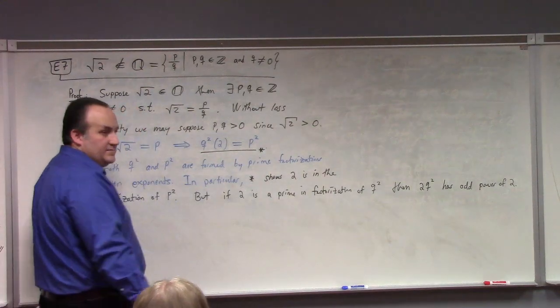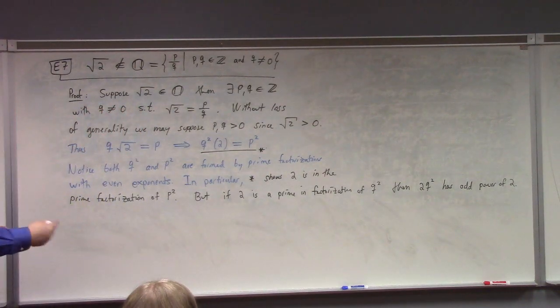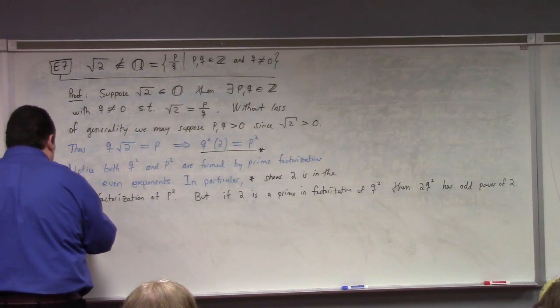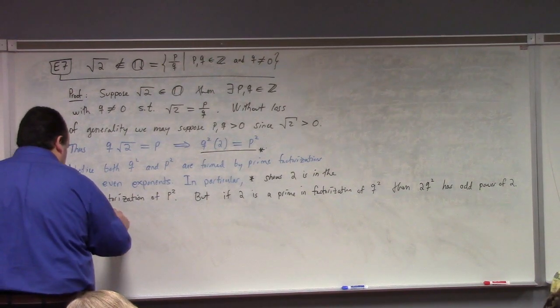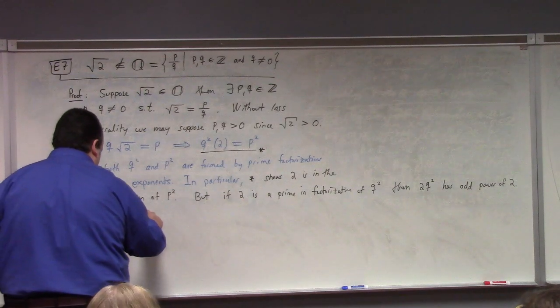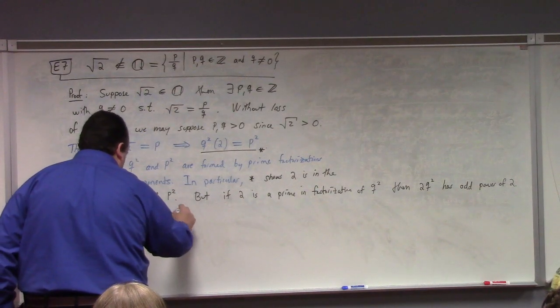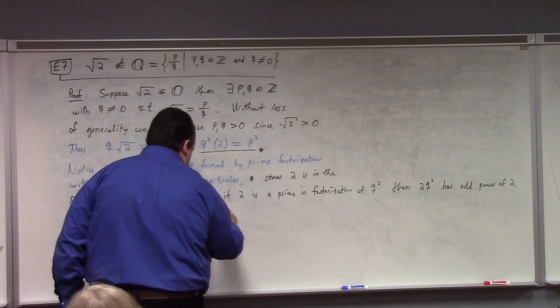Which is a contradiction, because p squared has to have an even power of 2. So that's a contradiction, right?